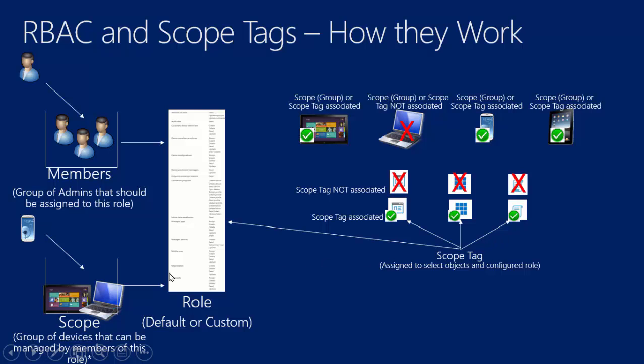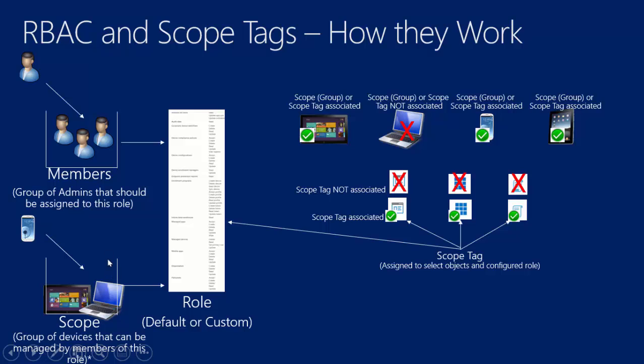So whenever you're doing role-based access, you may not actually want to filter to only allow the admin to see certain devices or certain objects, right? Well, if you don't want to filter to only allow seeing certain objects and so on, then scope tags, you don't really want them. You don't need them, right?